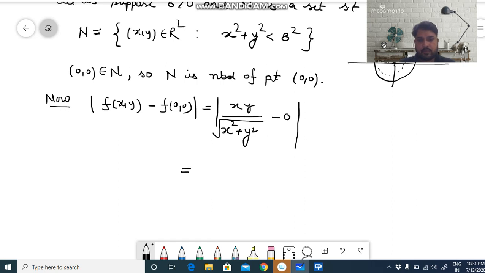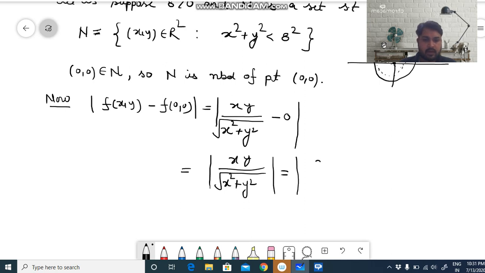We can write it as xy upon square root of x square plus y square, or we can also write it as x upon square root of x square plus y square into mod of y.